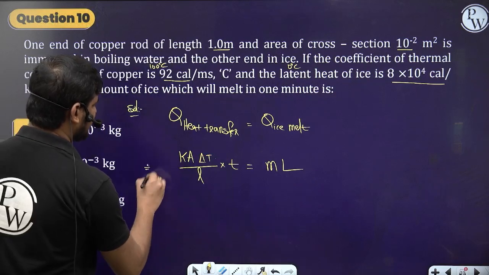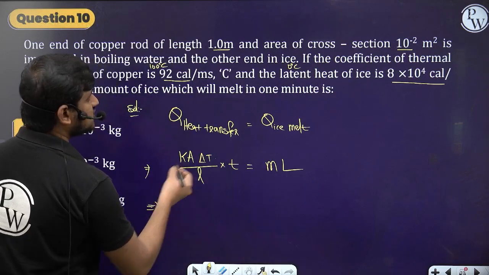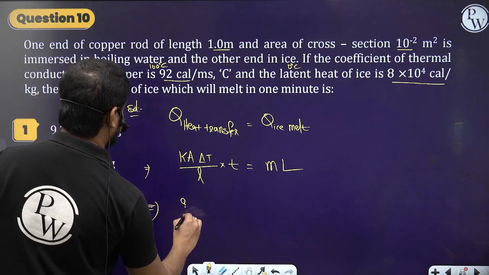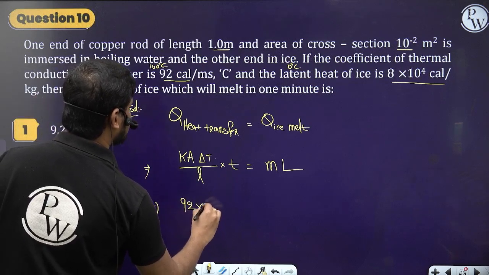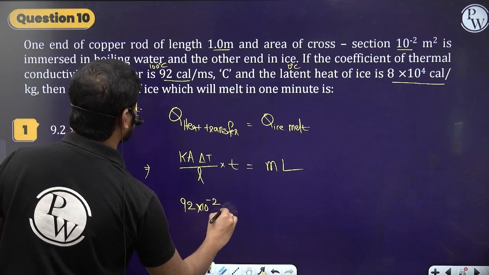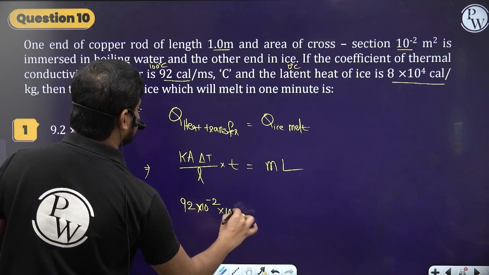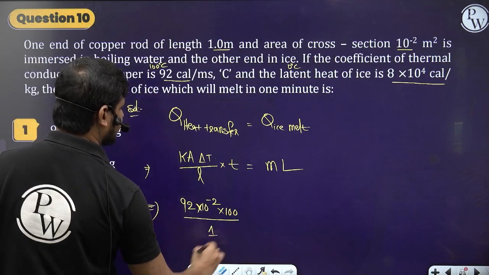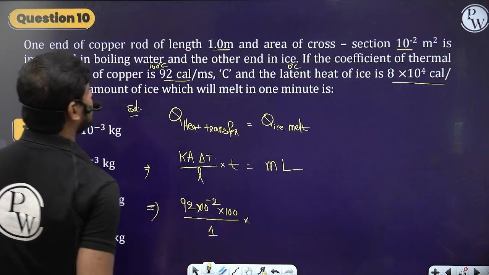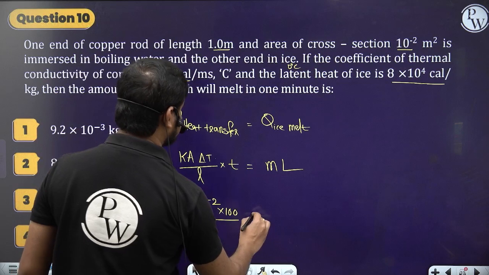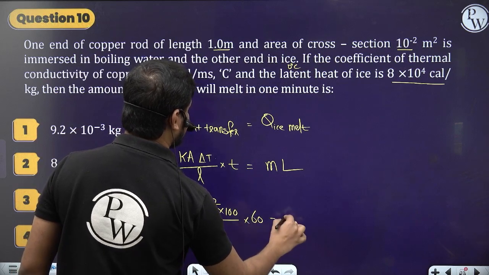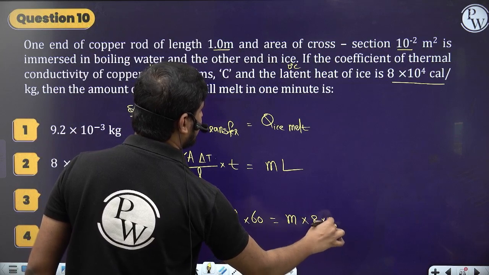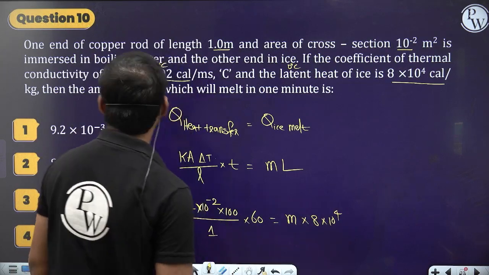So can you guys solve it? So what is K here? K value is 92 into area 10 to the power minus 2 into delta T 100 degree centigrade by length 1 meter into time T, 60 seconds, equals M into L, which is 8 into 10 to the power 4 calorie per kg.